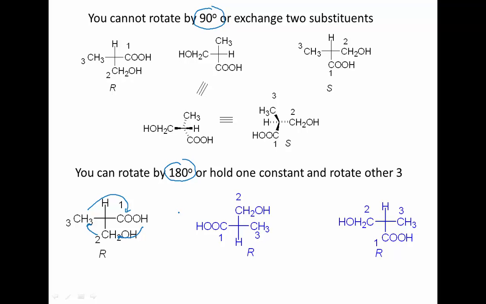If I move three of them in the same direction, I'm not going to change the RS configuration, because my arrow is going to go the same way, clockwise or counterclockwise. So the 90-degree rotation or exchange of two is an illegal operation, but the 180-degree rotation or holding one constant and rotating the other three are both legal operations of Fisher projections. You will not change the configuration.